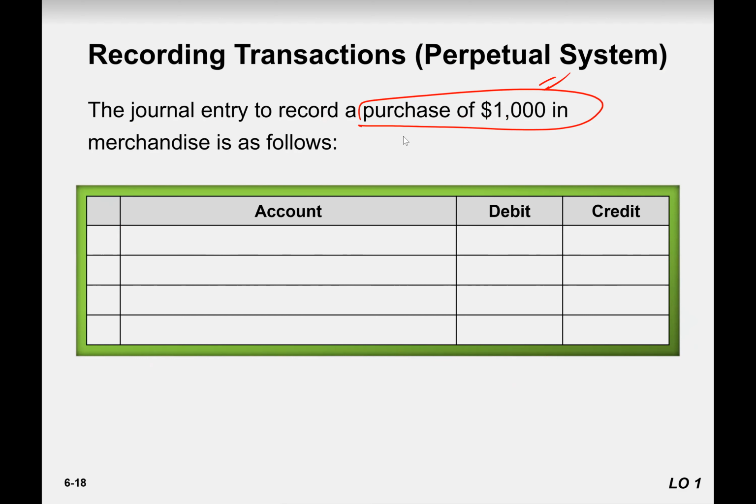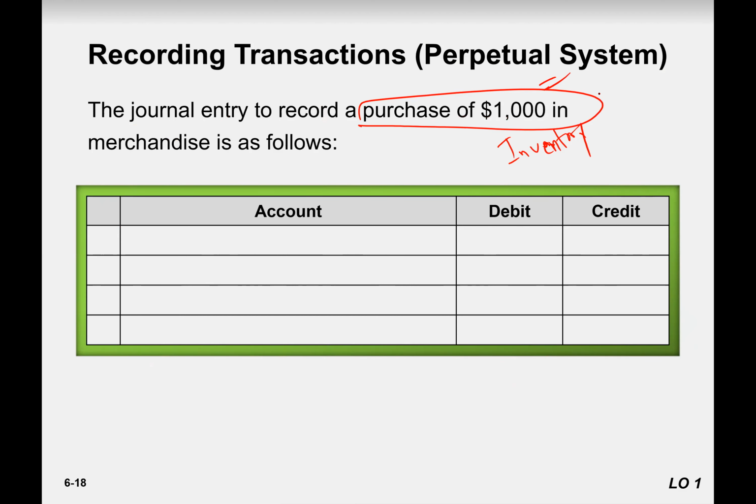You purchase goods: inventory, debit 1,000. What two accounts are going to be affected in this purchase? You said one is inventory, yes. The other? Cash?